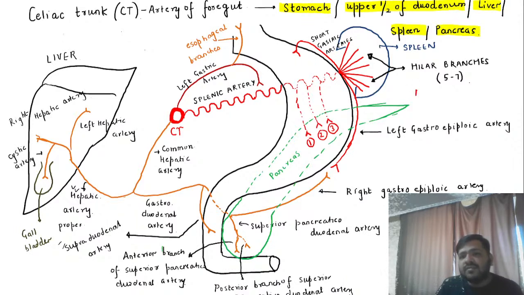This one basically stands for the dorsal pancreatic arteries. These are supplying the body and the tail of the pancreas. The dorsal pancreatic artery.